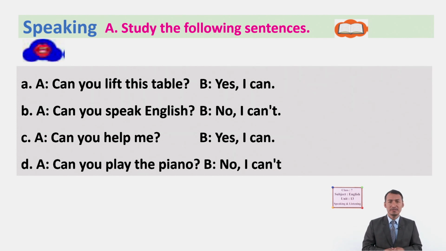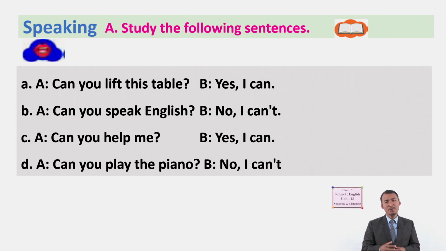And if we can't, how do we say our inability? We can say, no, I can't. So there are two responses that we can expect when we ask about someone's ability. One response can be yes, I can, and another response can be no, I can't.